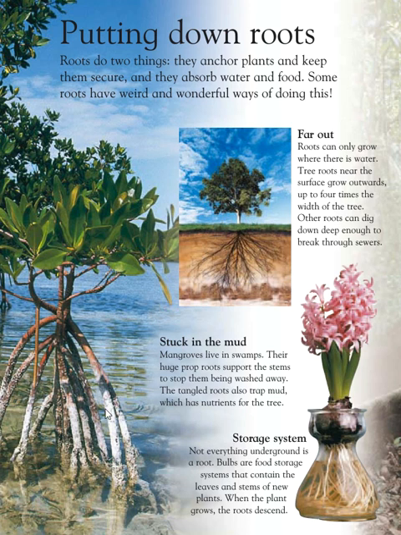The tangled roots also trap mud, which has nutrients for the tree. They also stick up out of the water to get air because remember we talked about in wetlands, there's no air down in the dirt because it's so saturated with water. So one adaptation for the mangroves is that these roots up here that stick out of the water help them get the air that they need.